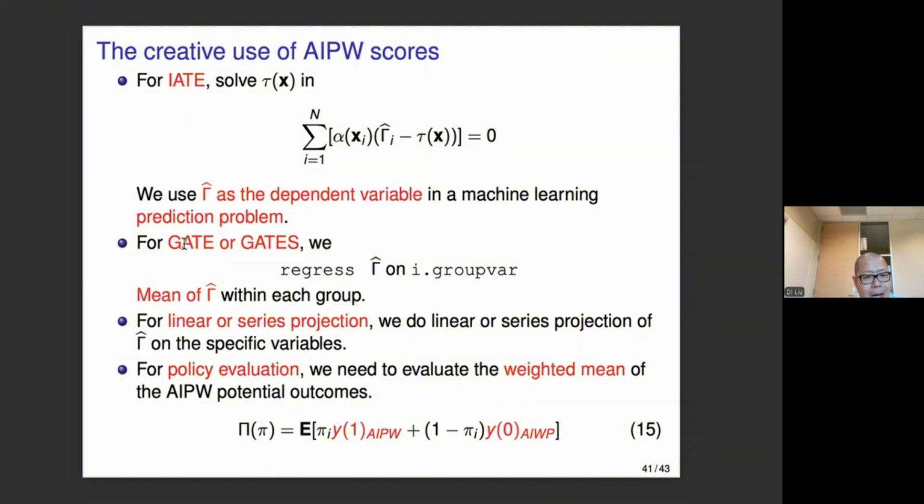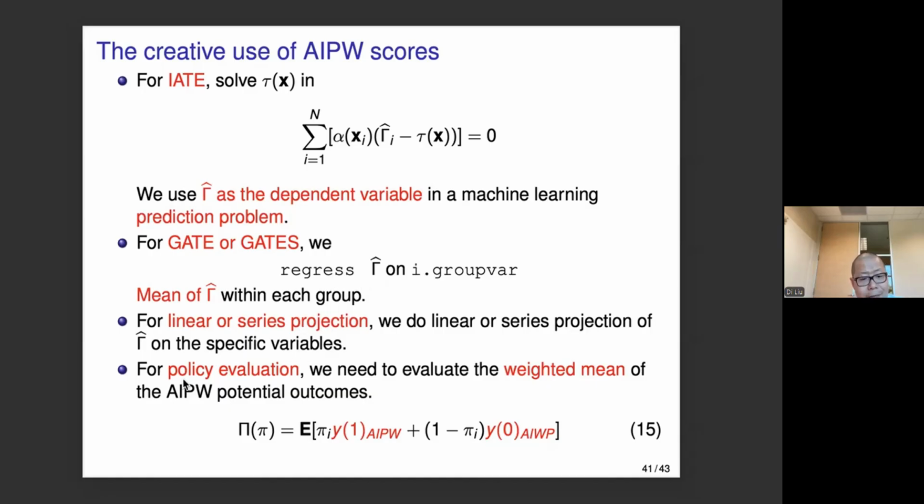And for the GATE or GATEs, you regress the gamma hat, the AIPW scores, on the group variables, and here the group variables can either be pre-specified or data-induced groups. Similarly, for linear and series projections, we can do linear and series projections of the AIPW scores on the specified variables.